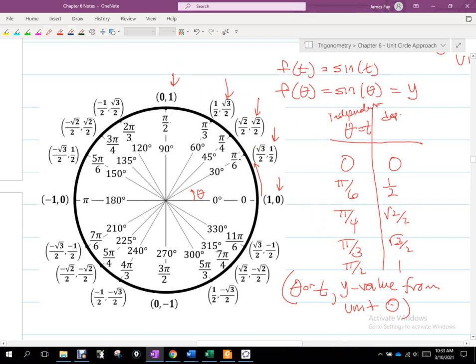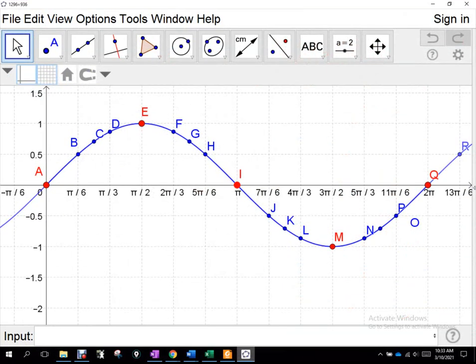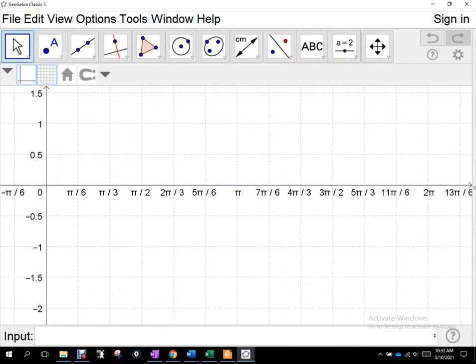Now, I can keep doing that all the way around, and I should do that all the way around. I will create this list of about 17 ordered pairs that we could plot. But what you're going to find out is that these values over here, because they are the y values off the unit circle, start repeating with symmetry. So I'm going to use that knowledge to help me graph this on GeoGebra.